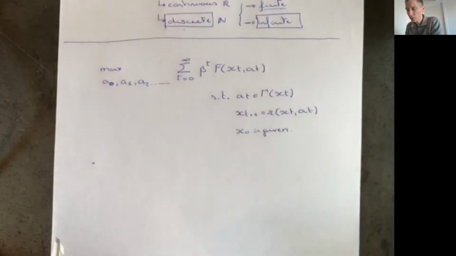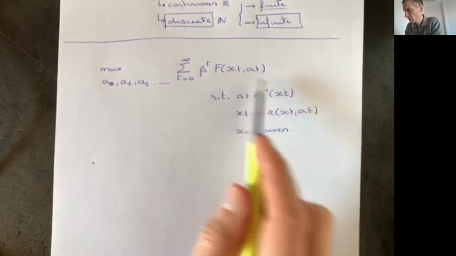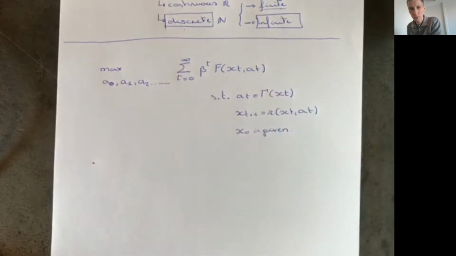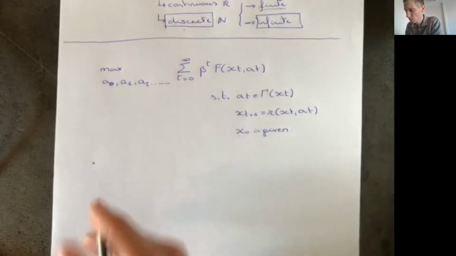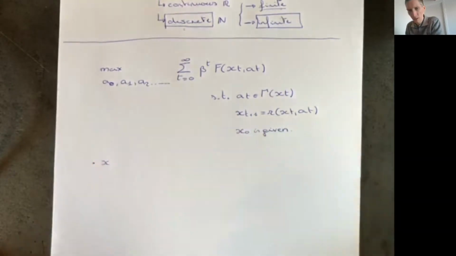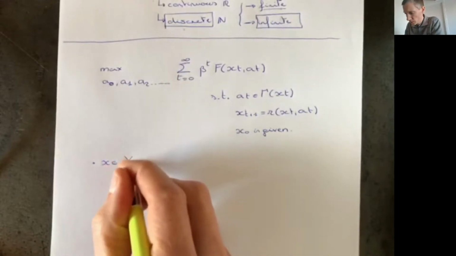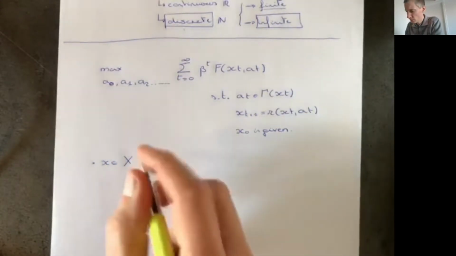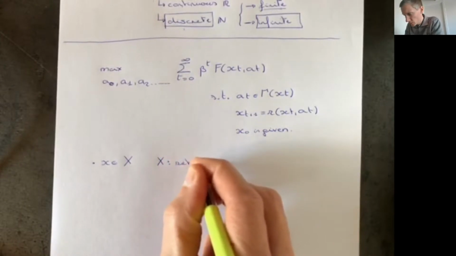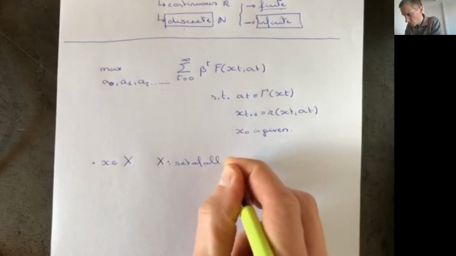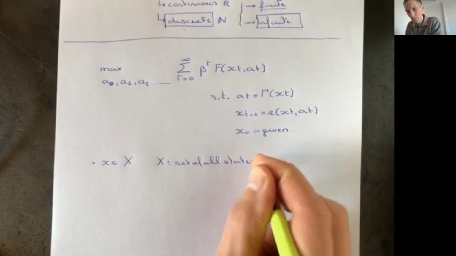So we're going to start with looking at the x's, okay? Now I haven't defined what these x's are, right? So we're going to assume that all the x's are in some set X, big set X, and this big set X is the set of all states, right?